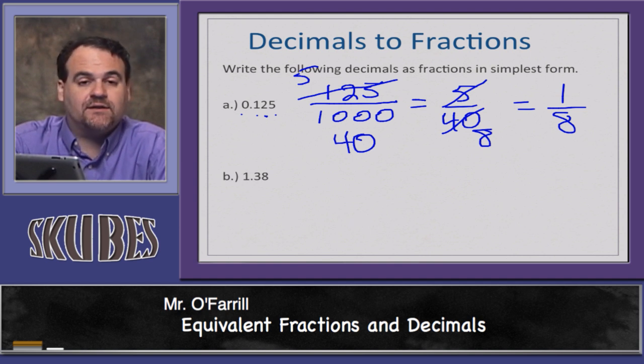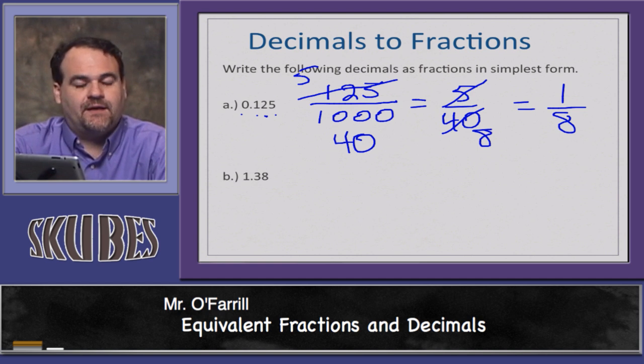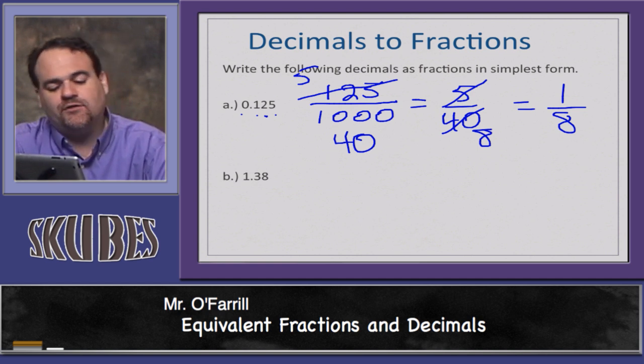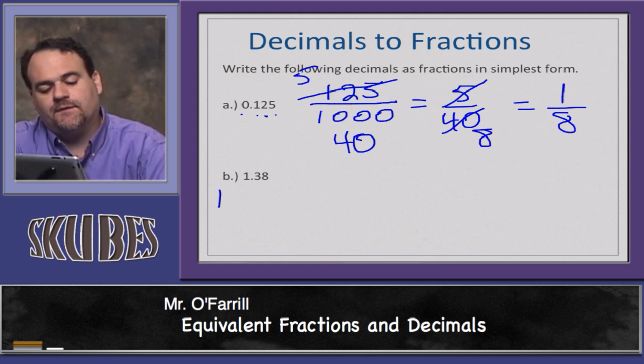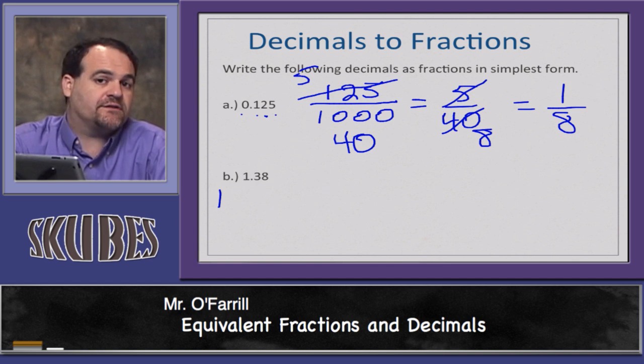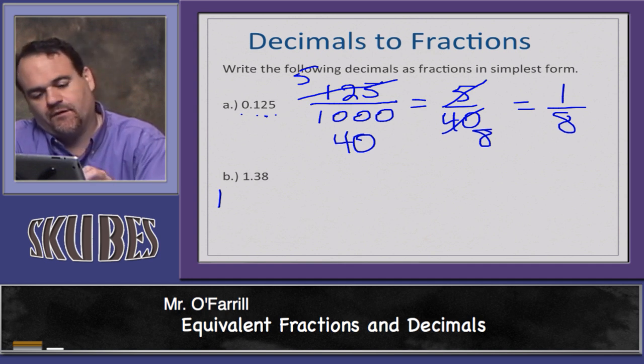All right, now let's take a look at this next one here. It's 1.38. And just like on our last problem on the prior page, I'm going to ignore this 1 for now. We know if we were to go with a mixed fraction answer, it's going to be a 1 in front and then some kind of a fraction. So let's just deal with the 38.